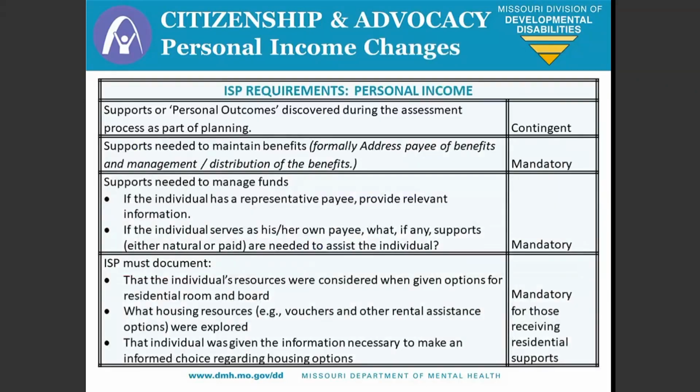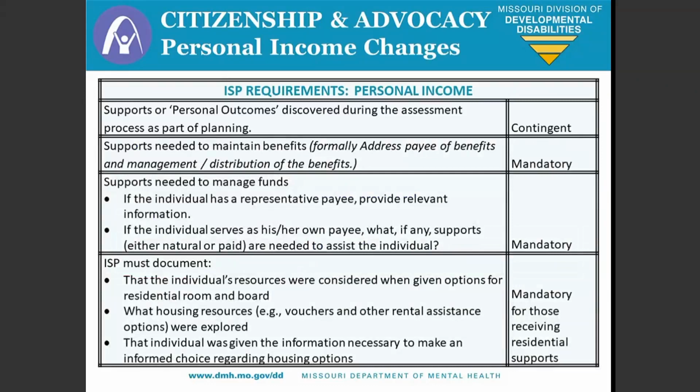ISP document requirements include supports or personal outcomes discovered during the assessment process as part of planning. This is new: supports needed to maintain benefits, and supports needed to manage funds. If the individual has a representative payee, provide relevant information.